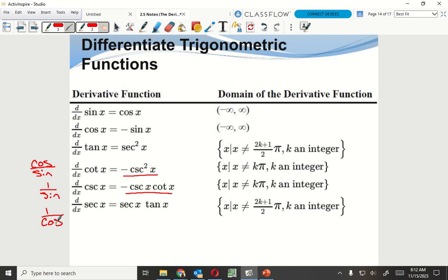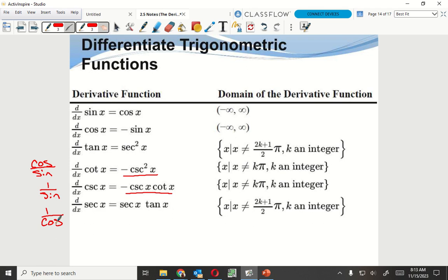For these other ones right here, it says X such that X cannot equal (2k plus 1) over 2 times pi, where k is an integer. What that means is I cannot have 0 in the denominator. That means cosine cannot be equal to 0.